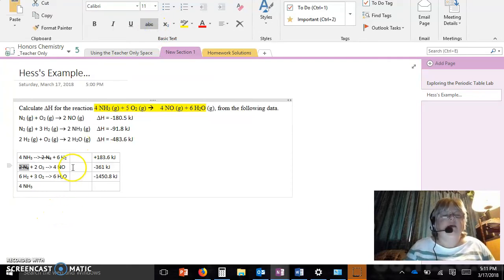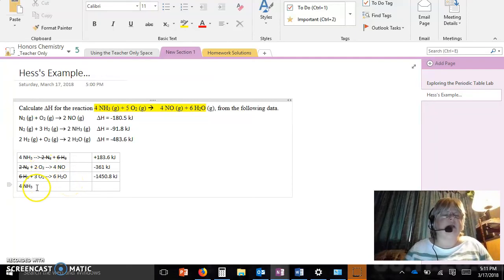Okay, so that one's dealt with. Now I see I've got 6 H2s also in my product. Well, here I've got 6 H2 in my reactant. So I can strike that one through. Okay. Now, let's take a look at what else we've got. We've got O2. I don't have O2 listed in my product in either of the other 2 reactions.